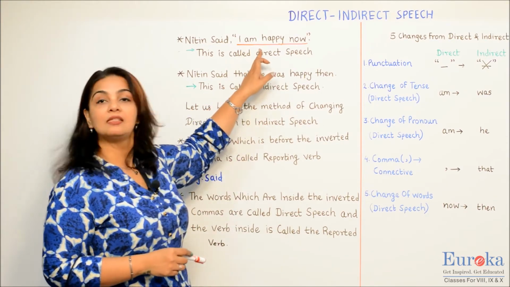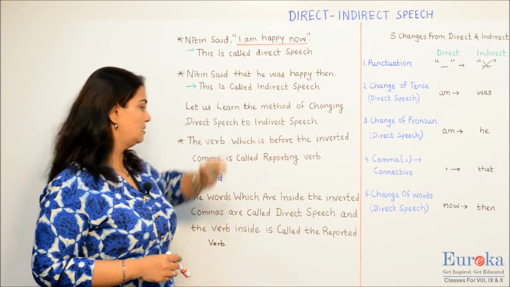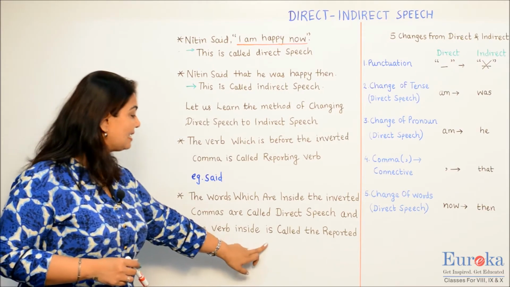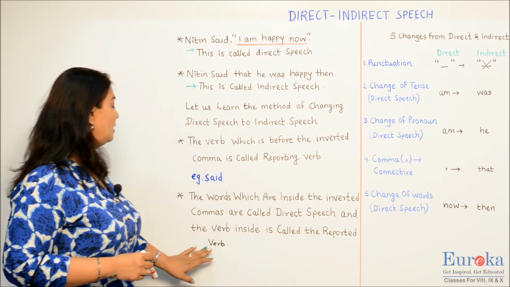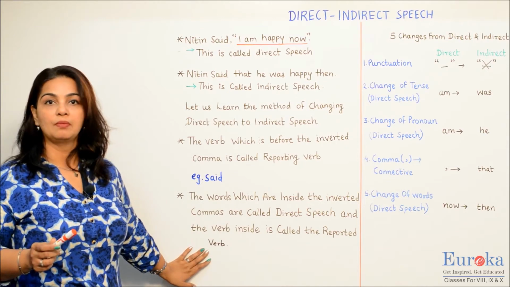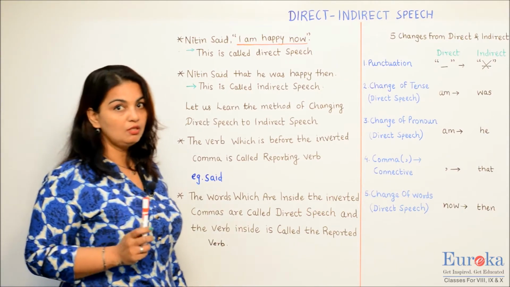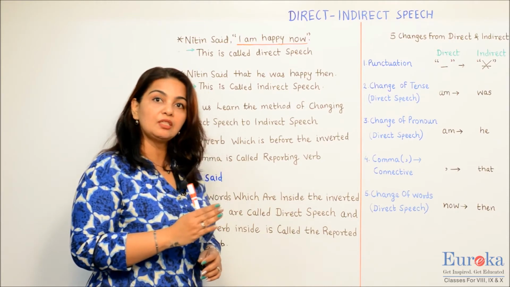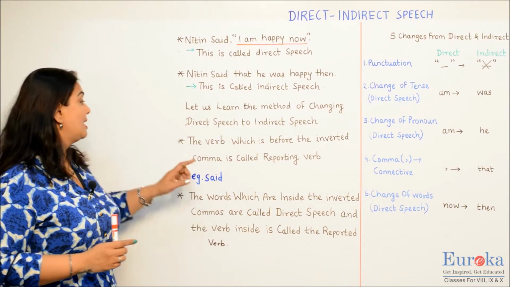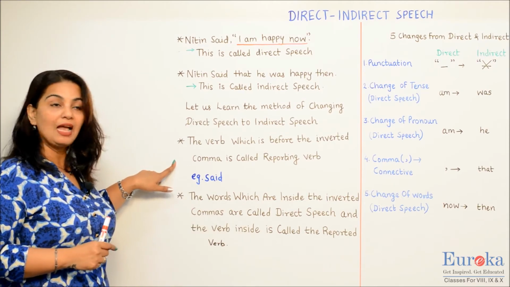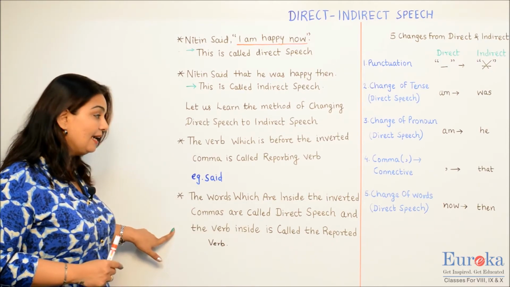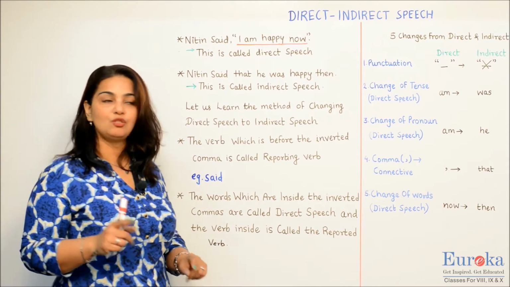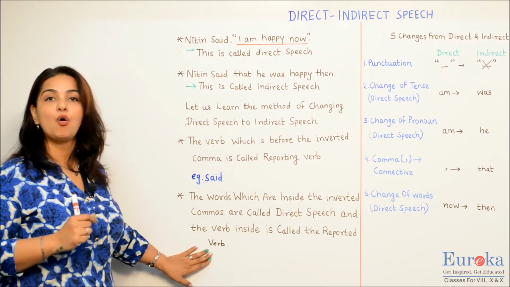This sentence is a direct speech sentence and the verb inside is called the reported verb. So, students, you have to understand the verb outside the inverted comma is known as the reporting verb and the verb inside the inverted commas is known as the reported verb.